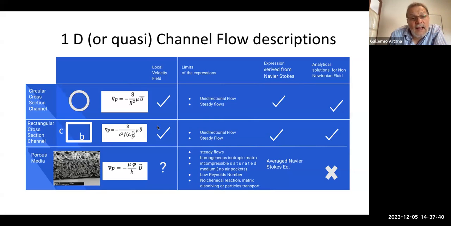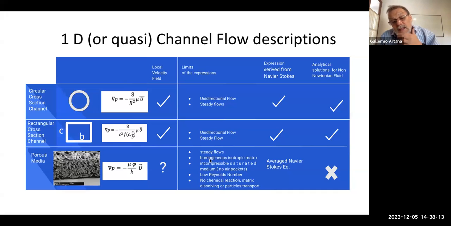Meanwhile, in this kind of problems, these expressions are related to unidirectional flow, and this means that the flow is parallel to the axis of the channel, and you are in steady flow systems. You have some aspects that should be satisfied to accept this kind of equation.